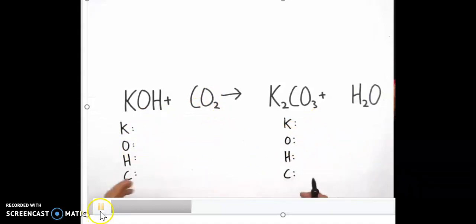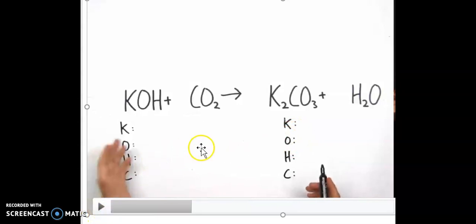Another thing to consider to avoid confusion, kung paano nyo ina-arrange yung mga elements in the reactant side, like potassium followed by oxygen, gawin nyo rin sa product side para hindi kayo malilito. Kahit na after the potassium, yung carbon ang second here in the product side, right? But let's just follow the arrangement in the reactant side to avoid confusion. So KOHC, then here we are going to follow as well KOHC, again to avoid confusion.